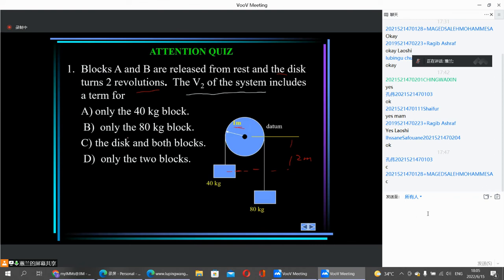Will it include the disk? No, because when it rotates, the gravity center of the disk will stay in line with the datum line. So definitely no disk, right? So only the 2 blocks, okay.